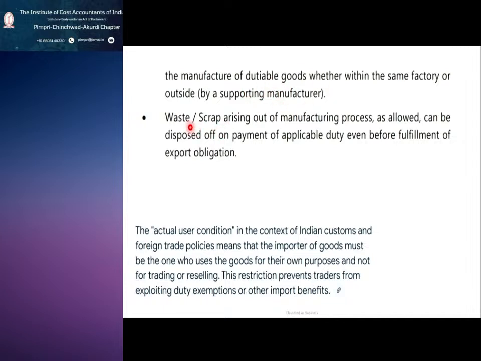The waste or any scrap which is arising can be disposed of on payment of applicable duty before the fulfillment of export obligation.